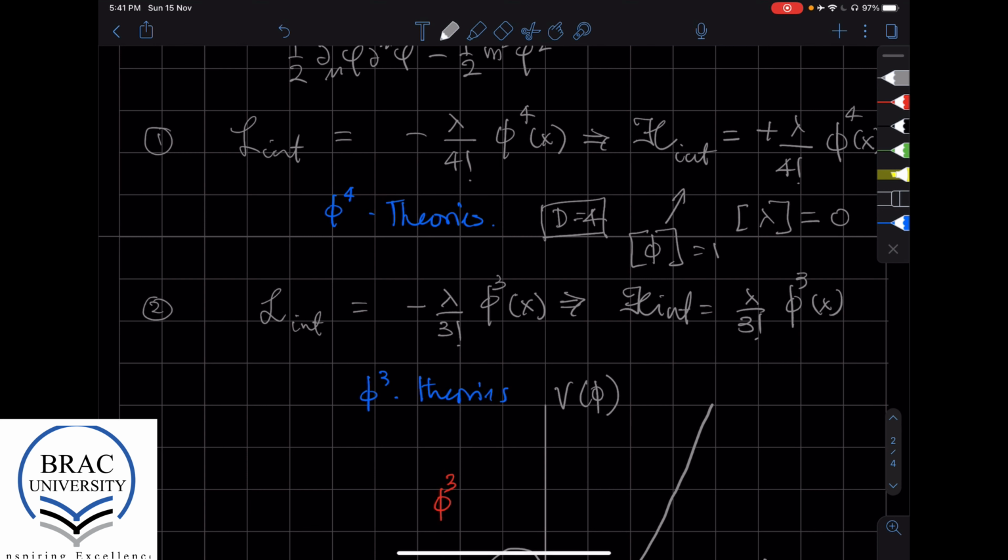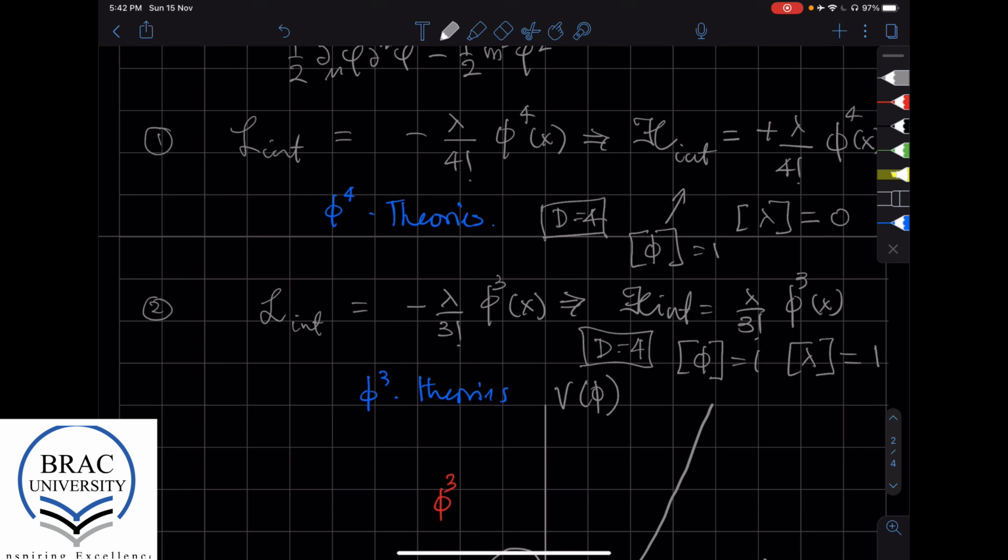But if this is the phi cube theory in d equals 4 dimensions, the dimension of the field is still 1, but then the coupling constant is no longer dimensionless, and it has positive mass dimension 1.